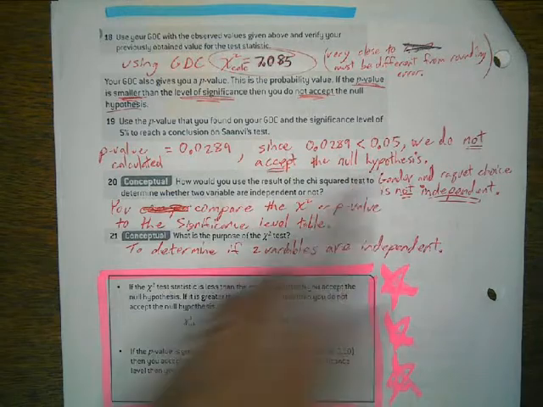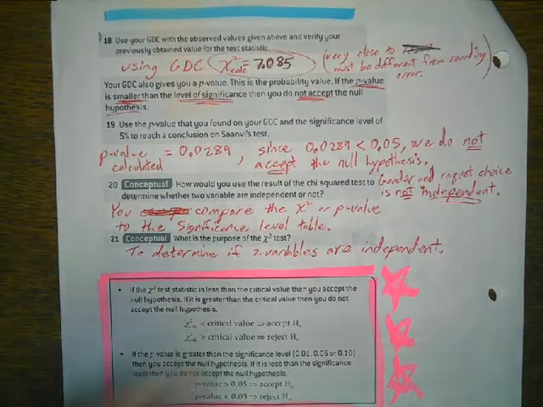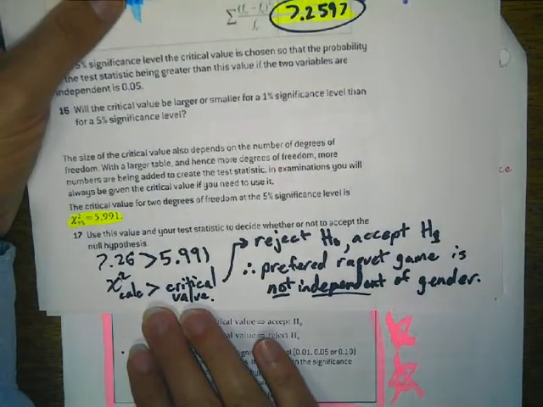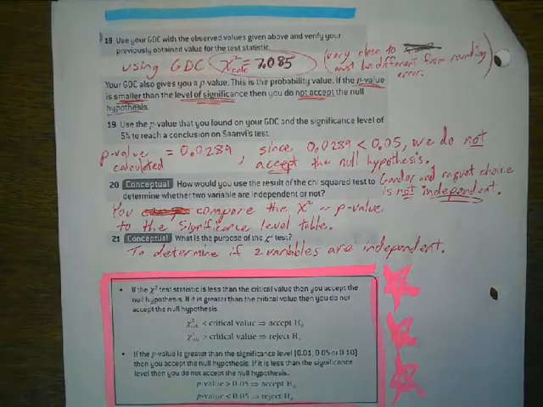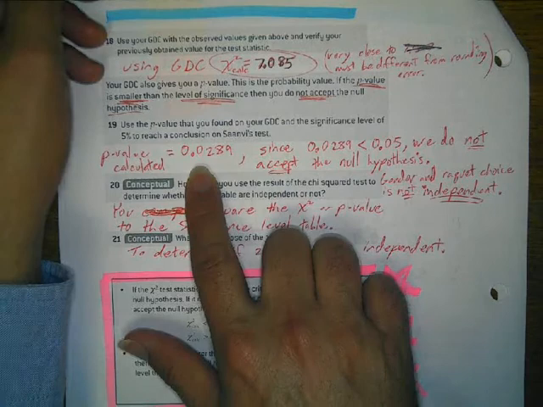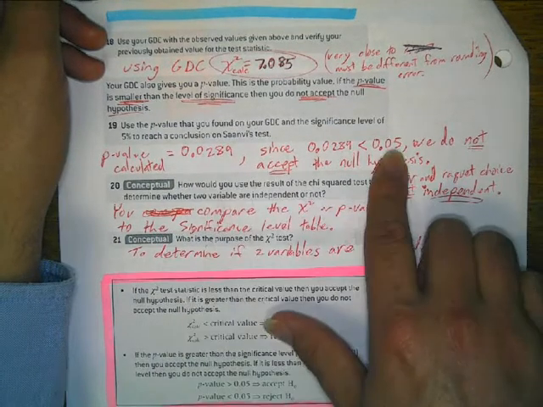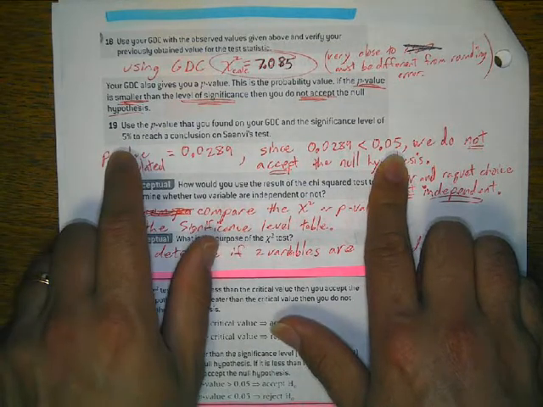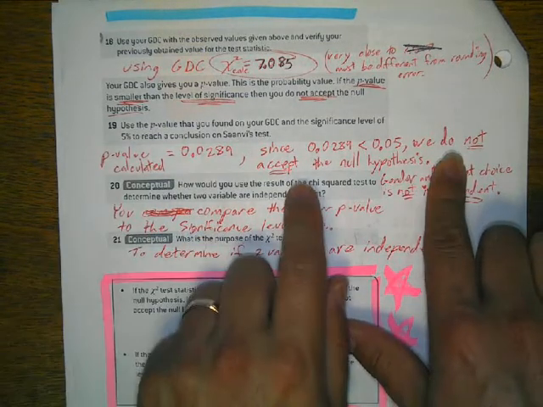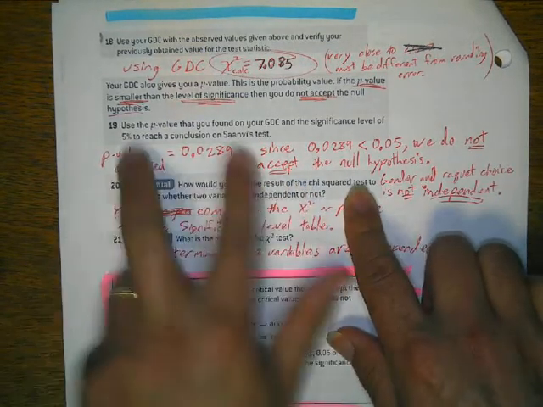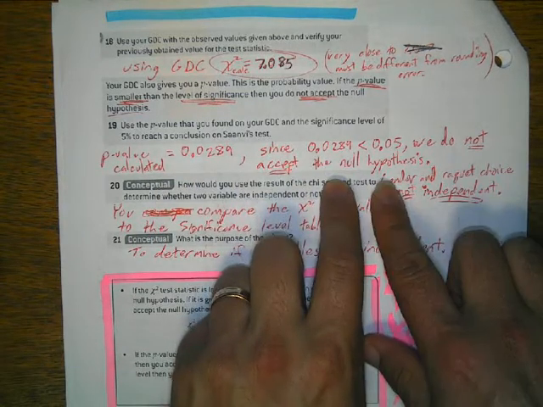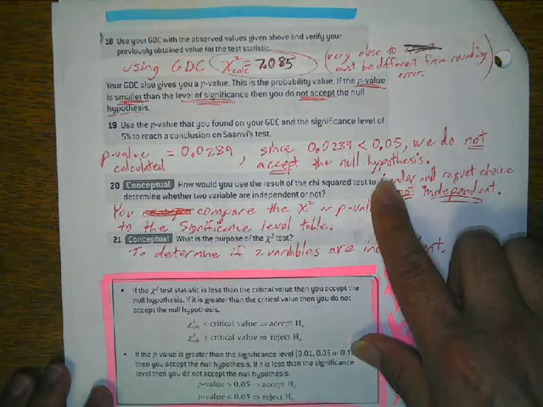So whether I'm using the critical value and the chi-squared value, or I'm comparing the p-value to the percent significance that I'm working with, both ways tell us whether to accept or reject the null hypothesis.